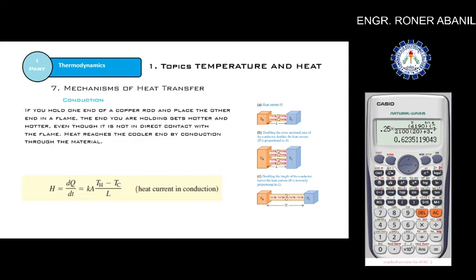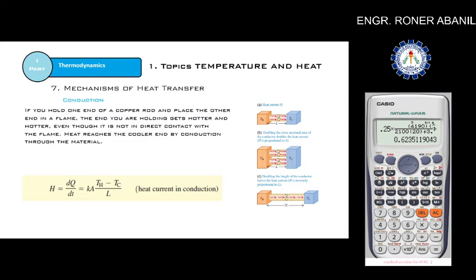So, yung heat daw is magpo-flow ng left to right. Okay? The sides of the bar are covered by ideal insulator o yung mga insulator na hindi nagpe-permit na magkaroon ng transfer of heat. Okay?